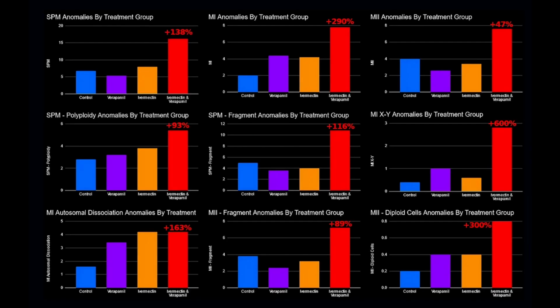Now, another key thing about this report is they looked at abnormalities of these sperm cells, and they broke it into different categories. And look at what happens when ivermectin is paired with verapamil.